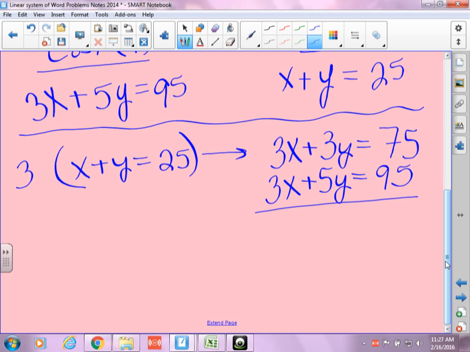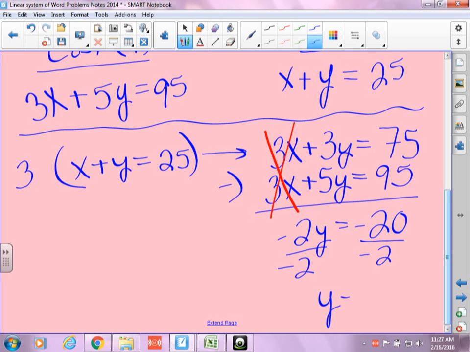Okay, I'm going to subtract, so I'm going to use my elimination. Notice I'm going to put the negative sign out front and I'm going to minus it. 3x minus 3x is? 0. We eliminated it. 3y minus 5y is? Negative 2y. 75 minus 95 is? Negative 20.